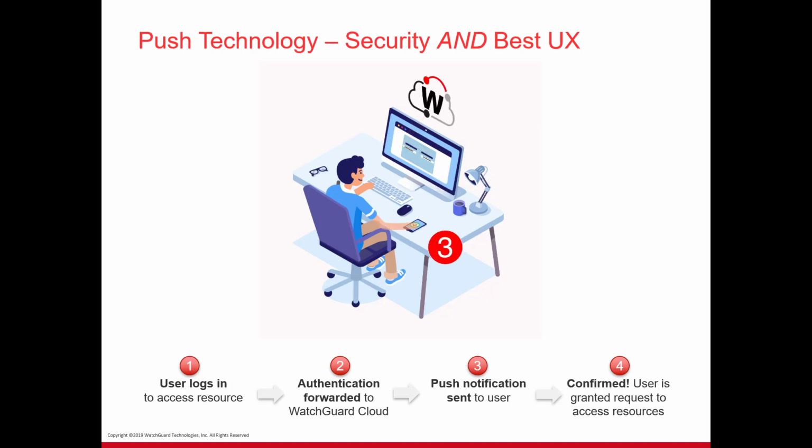If everything is good, a push notification is sent to the user. It will tell the user which resource the user is trying to access and where this request is coming from. It's context information that will help the user make the right decision when approving or denying the access. If that's the user, he or she approves and the user is granted access to the resource.